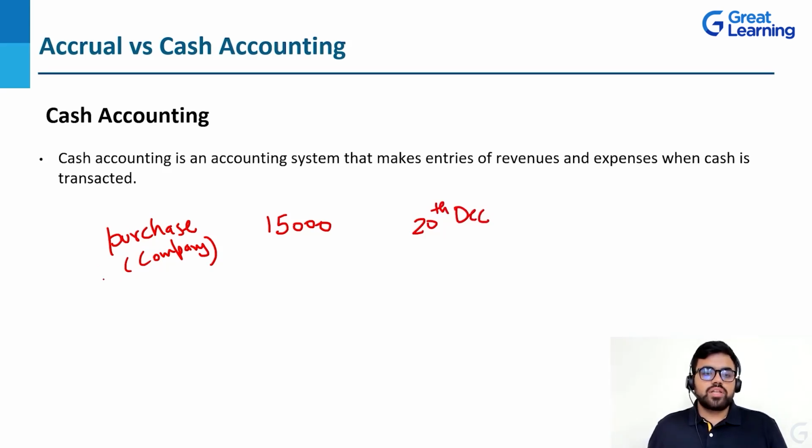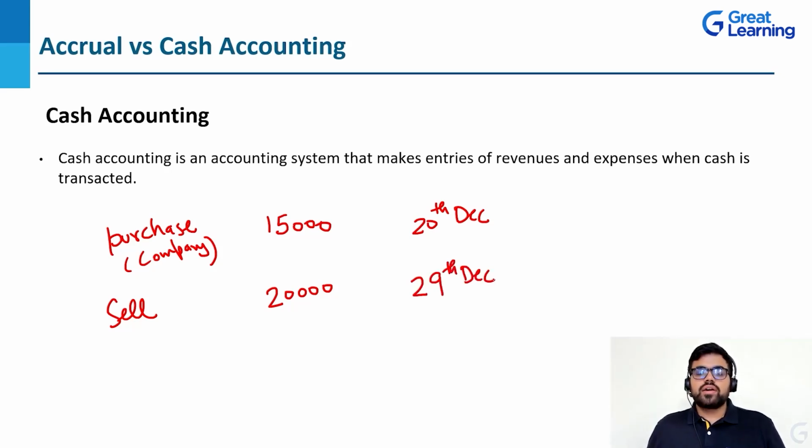Then you would sell that particular phone for 20,000 rupees on, let's say, 29th of December. And the cash of that particular phone, you will receive, let's say 2-3 days later on 1st Jan. Okay, 1st Jan is when you receive the cash.